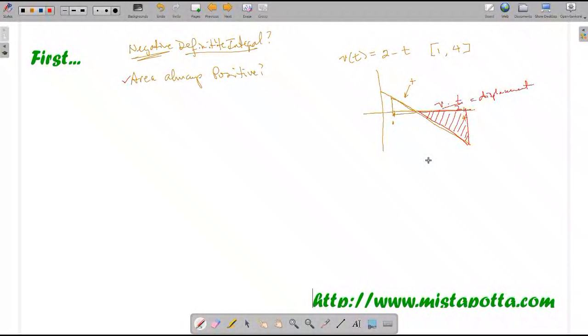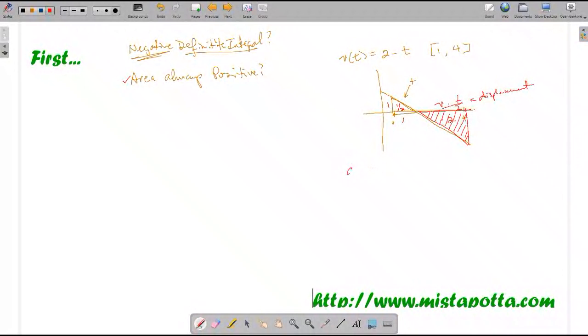So in this particular situation, I've got a triangle with a base of 1, a height of 1, and so this is a positive 1/2. But then I've got a triangle with a base of 2 and a height of 2, and so this ends up being a negative 2.